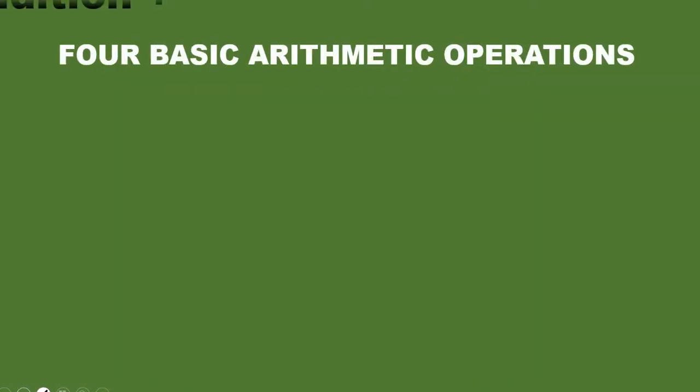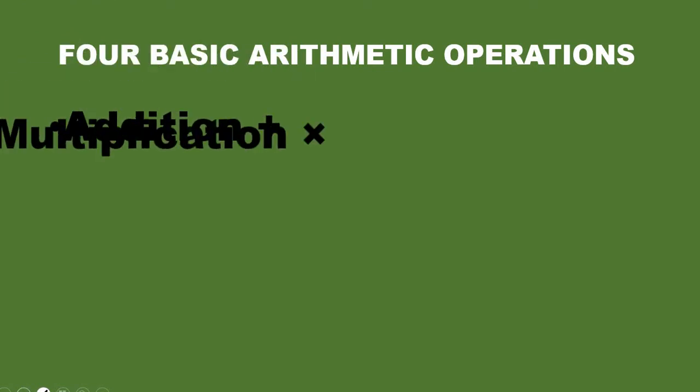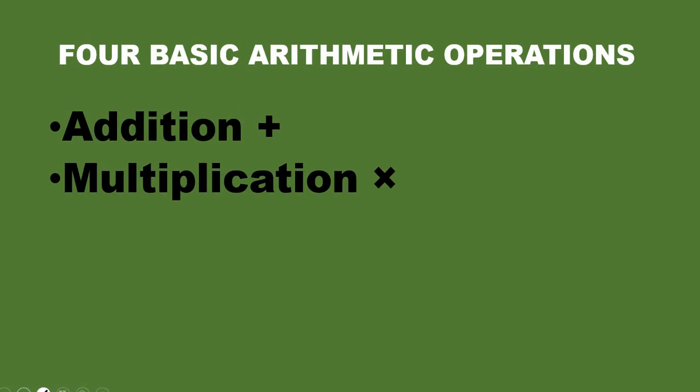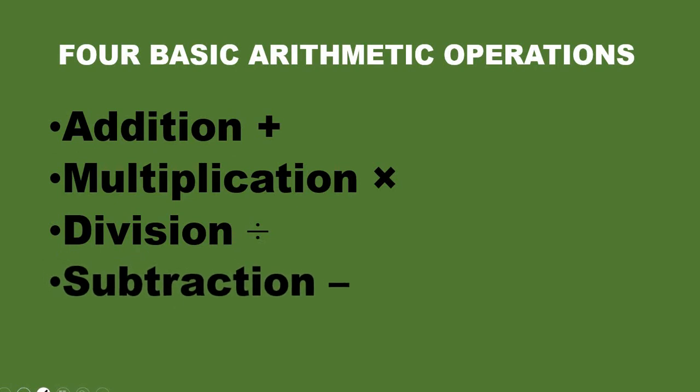They are addition, you can see the sign, multiplication, division, and subtraction. These are the basic arithmetic operations we have. We have others, but these are the basic arithmetic operations. So let's go to the first law now.